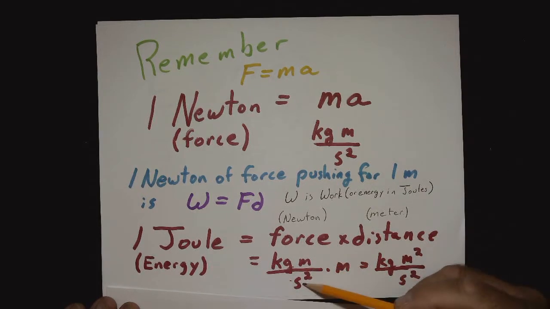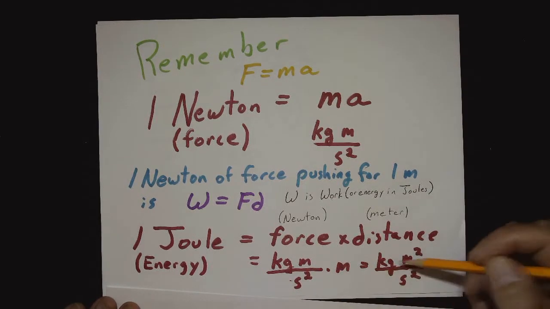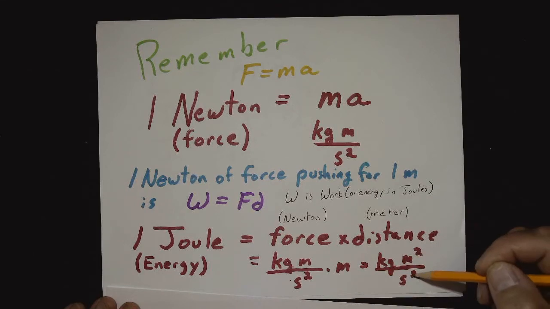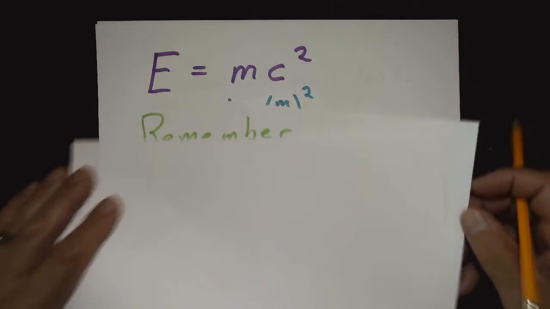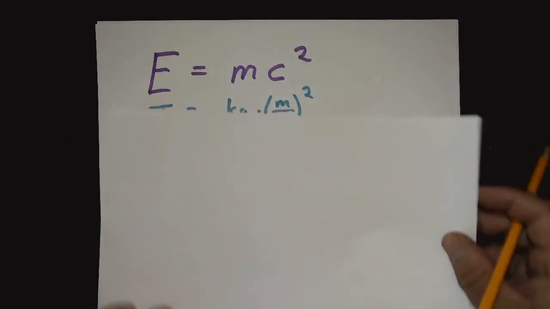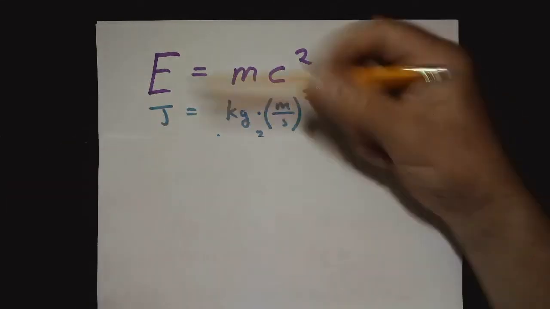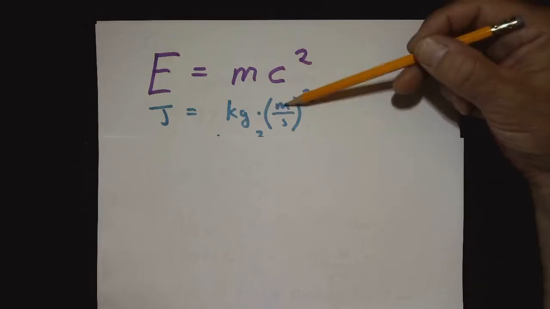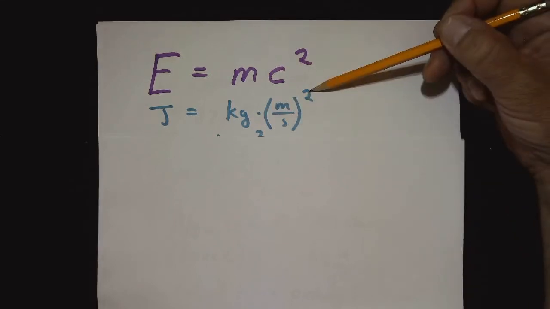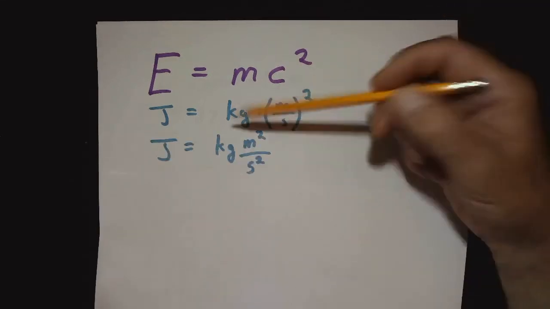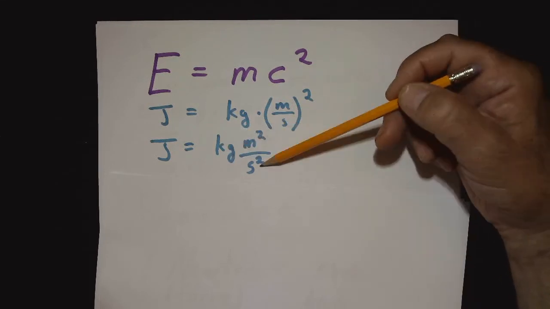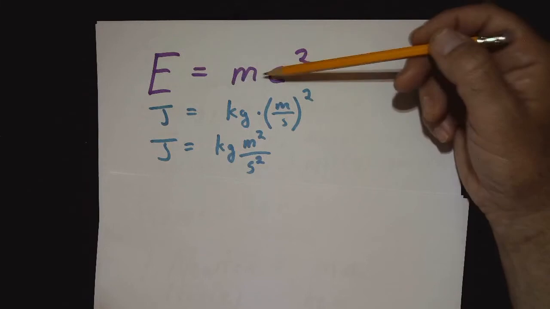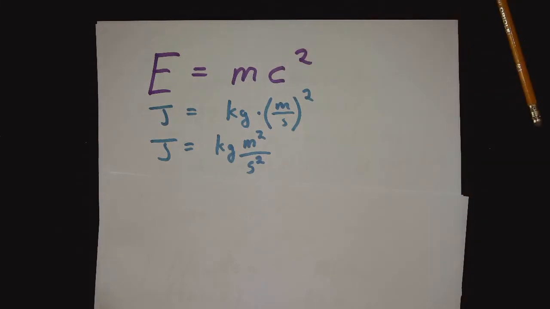Kilogram meters per second squared times meters is kilogram meter squared per second squared. So we then have E equals mc squared. So energy in joules equals kilogram times meters per second, square that quantity. We get joules being called the same thing as a kilogram meter squared per second squared. I think we got it. So E, in fact, equals mc squared.